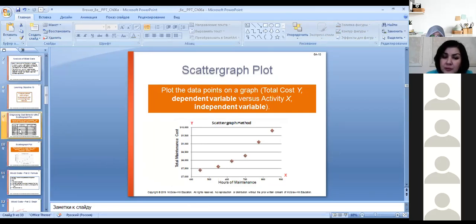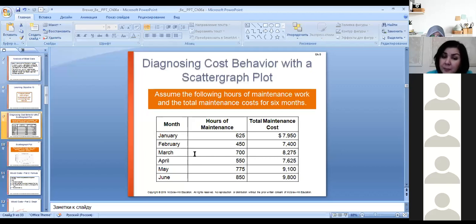So I'm plotting this, and I found this point. By doing this for each month, for example for March, what are the coordinates of the point?